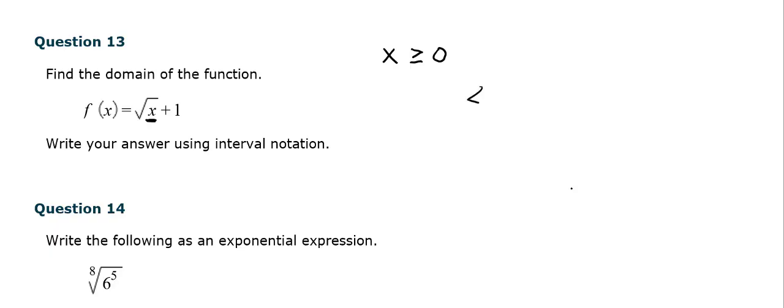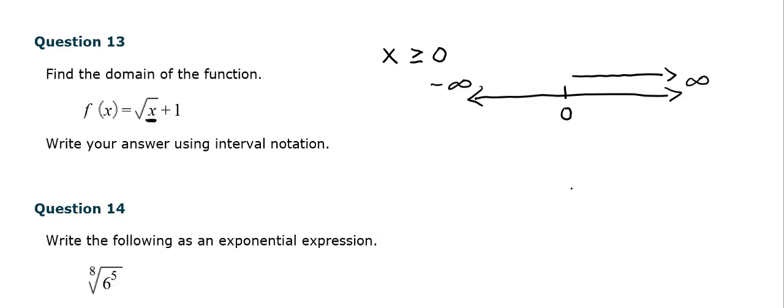So to put it in interval notation, our number line goes from negative infinity to positive infinity. Our boundary point is 0, and the values of x are greater than, to the right, or equal to. Remember, when it's or equal to, we use a bracket.